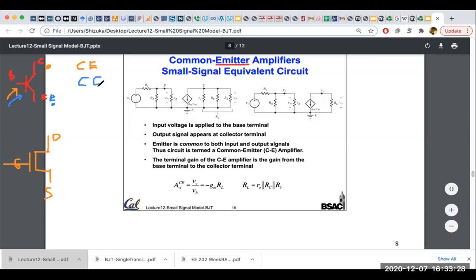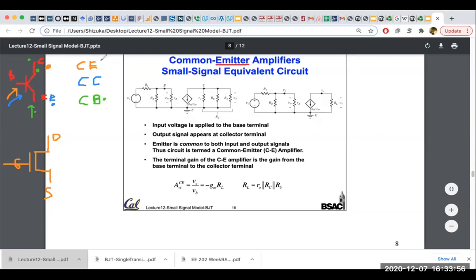And then we have another one, where we apply a signal at the emitter, and you are getting the signal at the collector. What is that one called? Common base. Because the base is not related. Your input is at the emitter, output is at the collector. So you write the base here, common base.